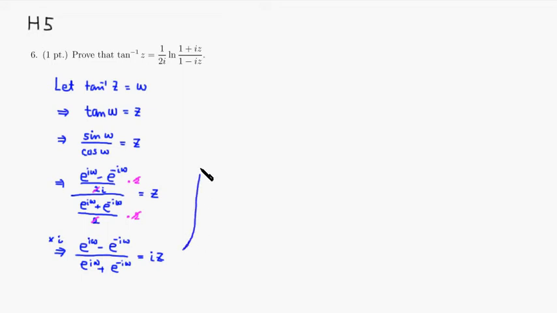Then I'm going to go over here. Just like in the other example we looked at, we're going to let u be e to the iw, which means that u to the negative 1 is the same thing as e to the negative iw.